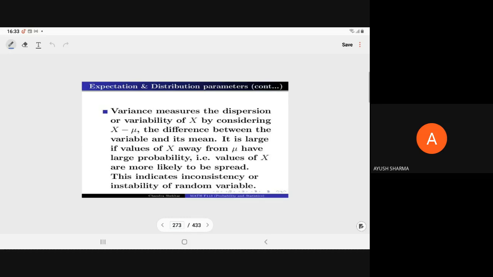If it is less, then we say observations are clustered, and this indicates the inconsistency or instability of the random variable. So if the variance is large, then we say the process is unstable. If we have very low variance, low standard deviation, then we say the process is consistent or stable.